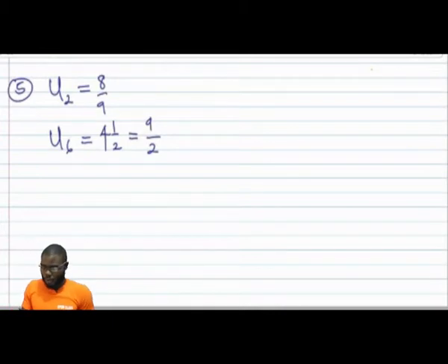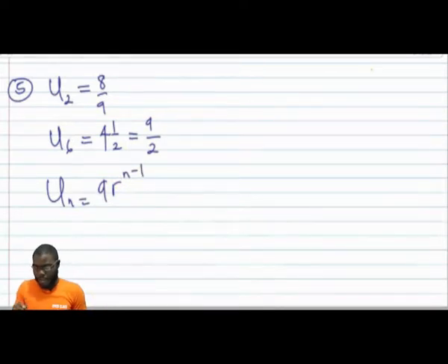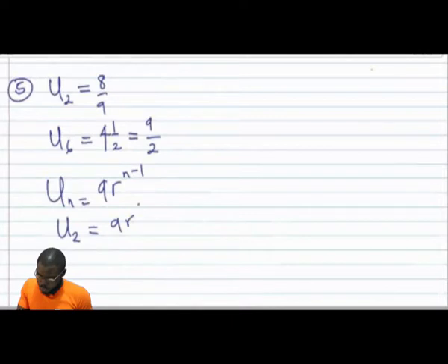All right. So now remember, in your geometric progression, you have your Un to be equal to A R raised to power n minus 1, where A is the first term, R is the common ratio, and n is the number of terms. So if you have U2, you are going to have it equal to A times the common ratio to the power 2 minus 1, which is the same thing as AR, because 2 minus 1 is 1.